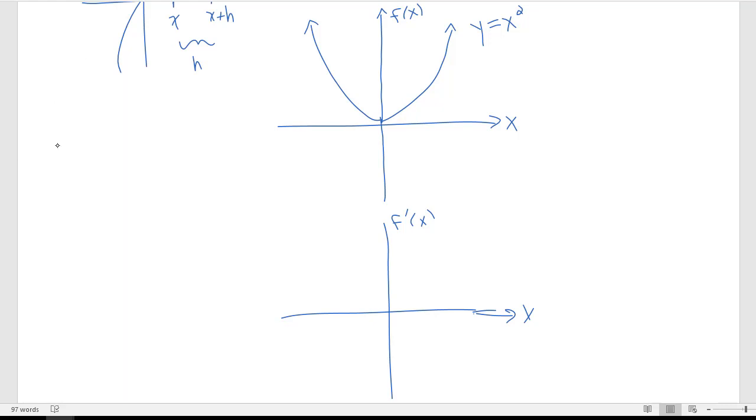So let's think about what the graph of f prime looks like. For example, let's suppose I look at x equals -3. In that case, I'm going to correspond x equals -3 on the graph of the derivative. Now remember, the derivative of this function is the slope of the tangent.